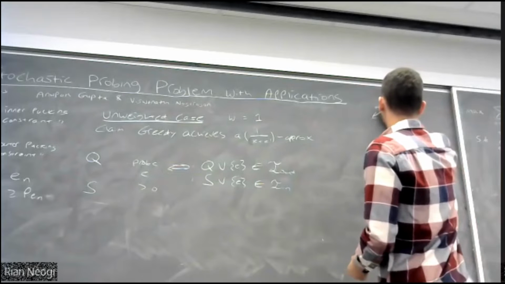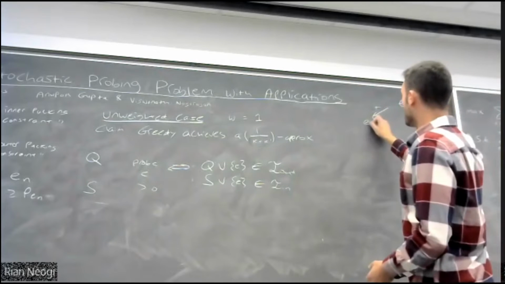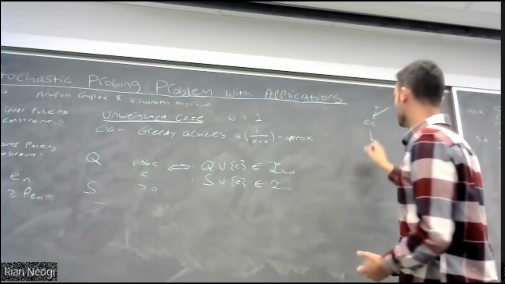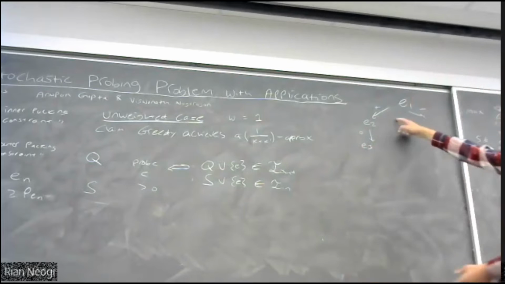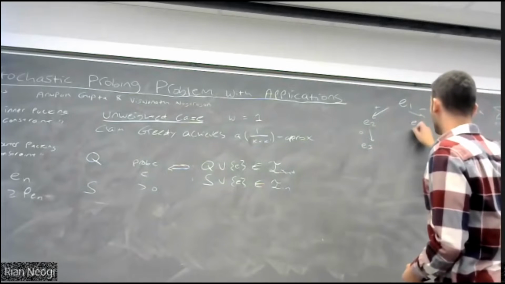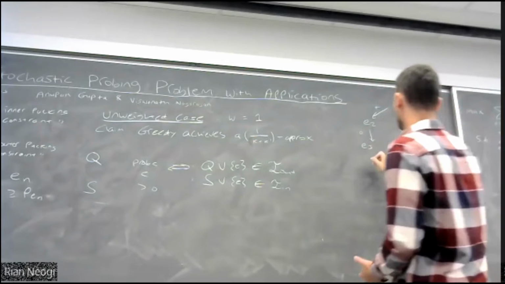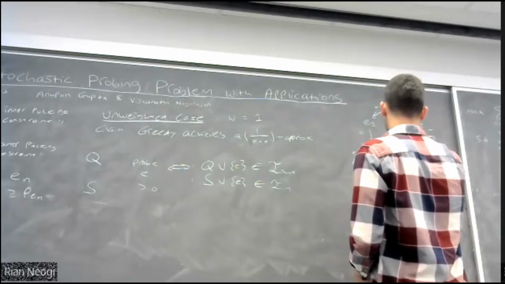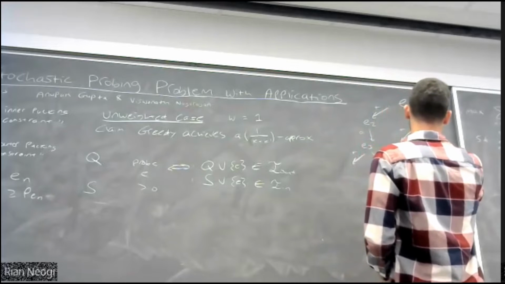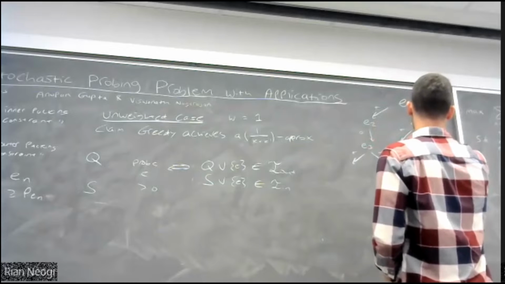Okay, then it's active or it's inactive. And maybe if E1 is active, then we can't probe E2. So I'll denote this by a 0, and move on to E3. Oh, but maybe if E1 is inactive, then we can probe E2, and then it's active or inactive. And then maybe in this case, we can probe E3, but in this case, we can't. But in this case, because E2 was also inactive, maybe we can probe E3 here.